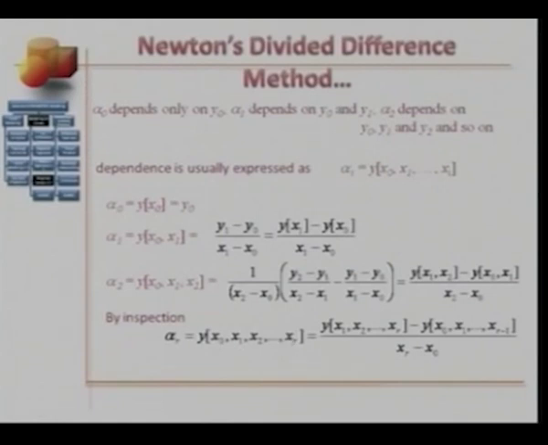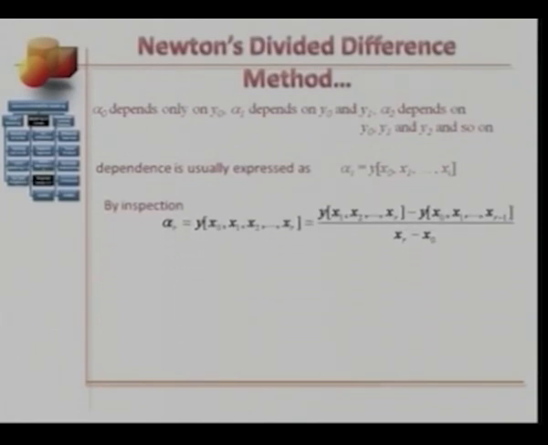I should be able to compute the divided difference corresponding to any set of intermediate data points. How about for y[xs, x(s+1), x(s+2) up till xr]? Remember what I told you right here. This index would correspond to 1 plus the first index.